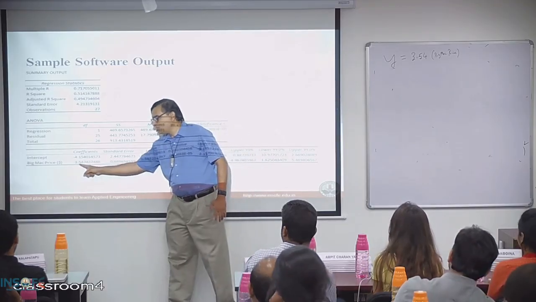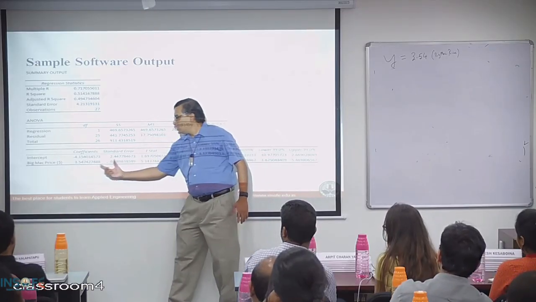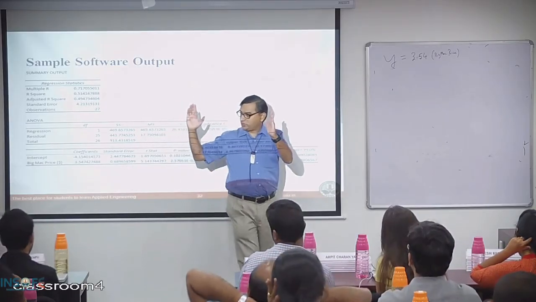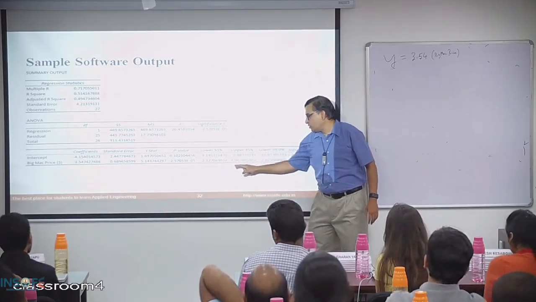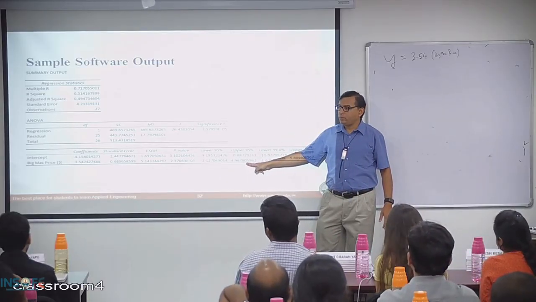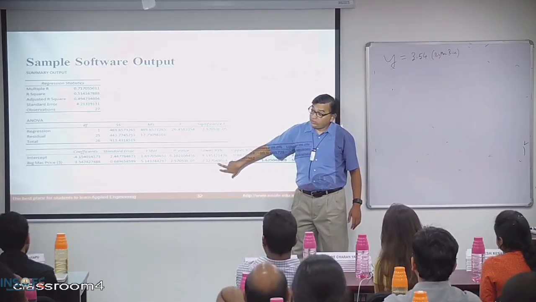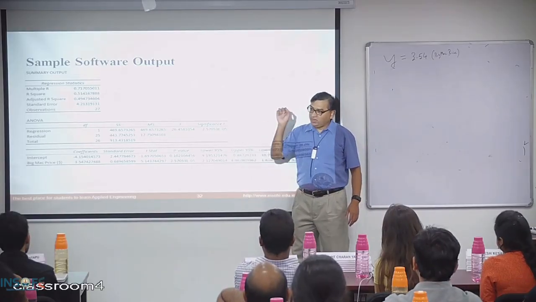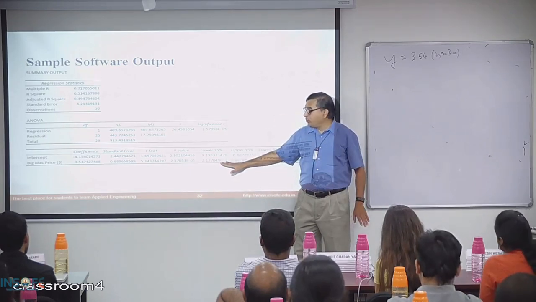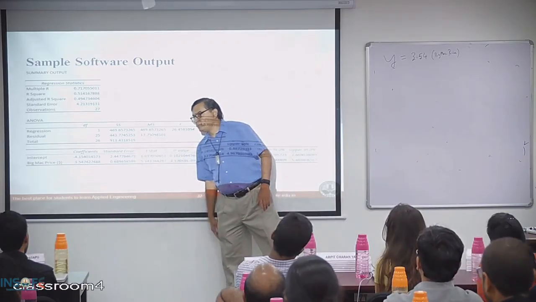So this is the sample mean minus 2 standard errors, sample mean plus 2 standard errors. That will give you a 95% interval. That is these numbers, 2.12 to 4.96. And this interval does not have 0 in it. So with 95% confidence, I can tell that this slope is different from 0. So we are saying slope is significant.